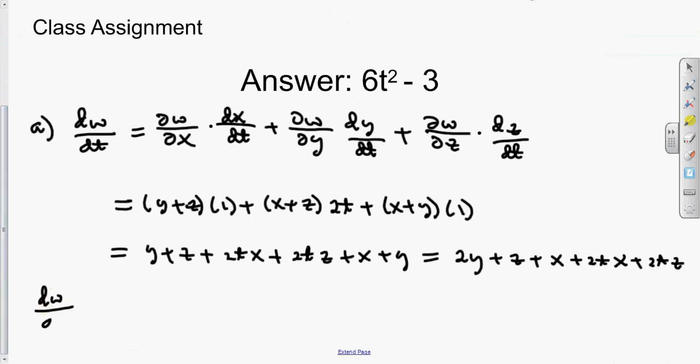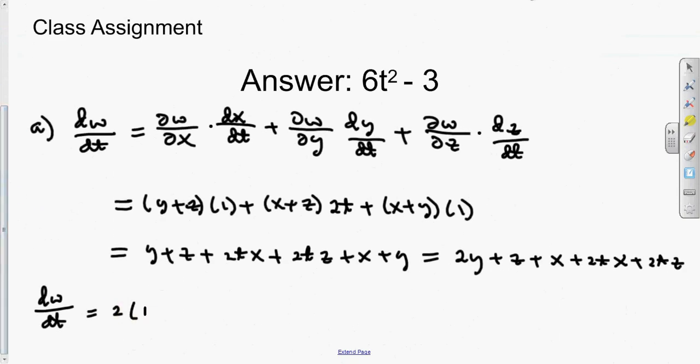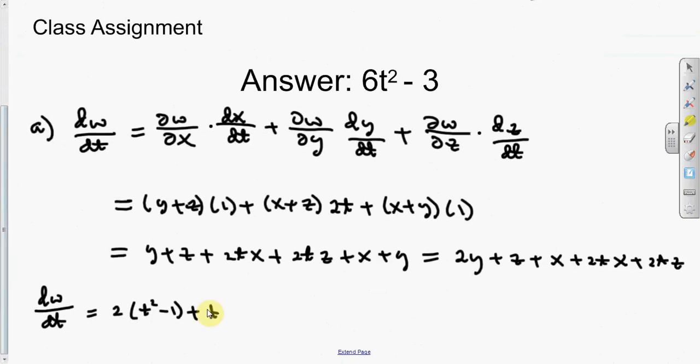So dw over dt is equal to 2 times y, and y is parentheses t squared minus 1, plus z, I think z is just t, plus x, x is t minus 1, plus 2t times x times parentheses t minus 1, plus 2t times z, and z is t.